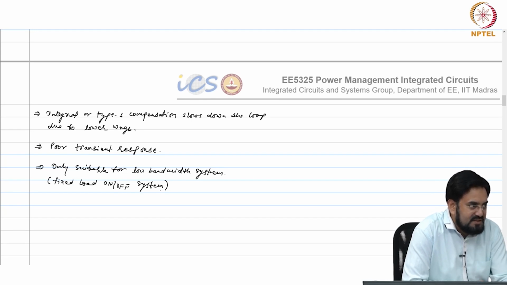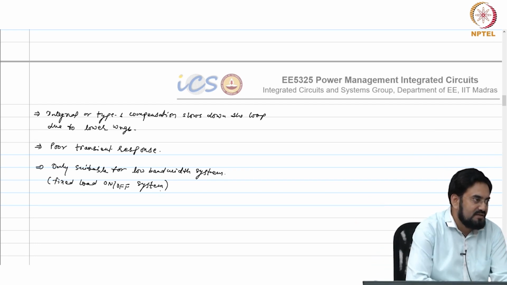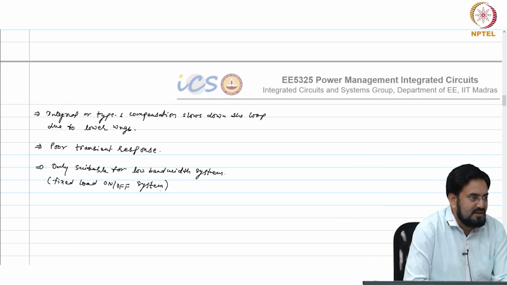So your load is not changing, your current will remain constant, or your LED light, let us say. You turn it on and off, that is it, there is no change in the load. So the moment you turn on, it will settle to a certain current, turn off, the current will go to 0, that is it. Okay.